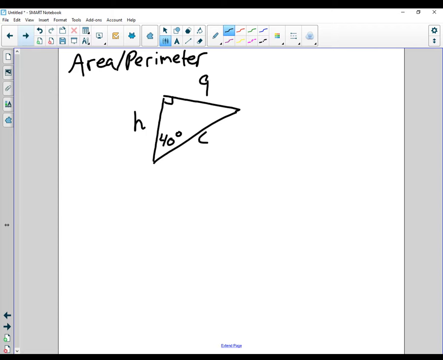Well, I have a base and all I need is my height to do area, so maybe let's do that first. How am I going to find that height? I have an angle and a side. Am I using trig or Pythagorean theorem?